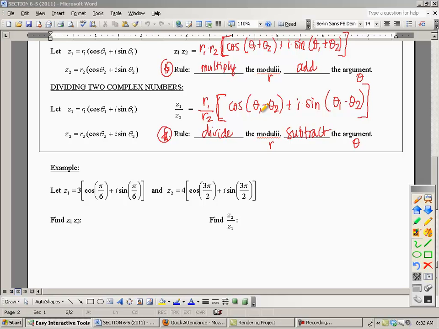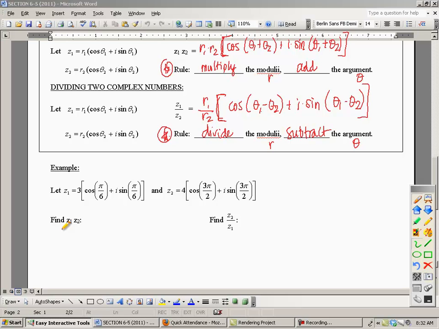Okay? Now take a look at the next example. We give you 3 times the cosine of pi over 6 plus I times the sine of pi over 6 for Z1. Z2 has a modulus of 4 and an argument of 3 pi over 2. And so if we're going to multiply them, let's start by multiplying.